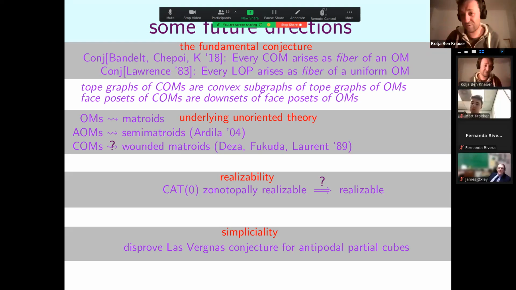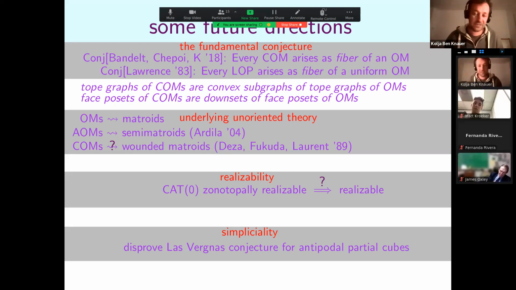Or the face poset of a COM is a downset of the face poset of an OM. These are all equivalent statements. Basically, if this were true, many things from oriented matroids would be given to us for free for complexes of oriented matroids, and it would be very nice.